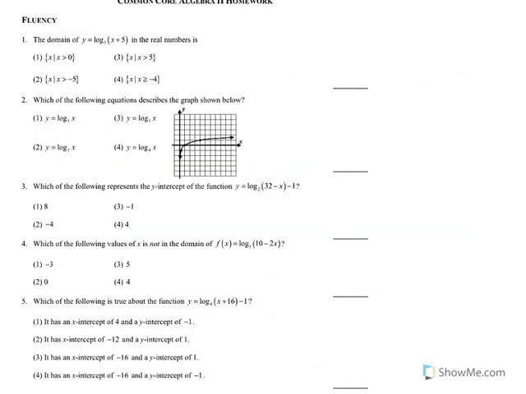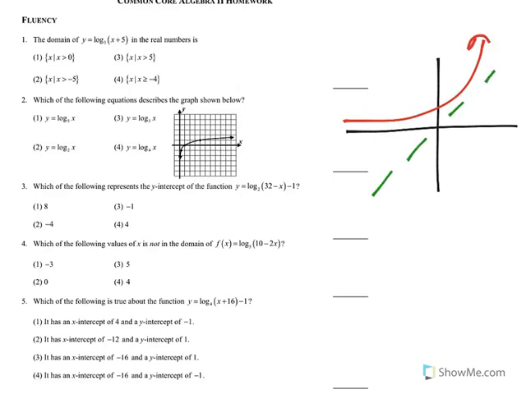The other thing we did with logs is we looked at the graphs of them. All right, if this is the graph of an exponential in red, and I throw the line y equals x down here in green, here's what a log is going to look like. Pretty much symmetric across that line y equals x. So if we know about the domain, and I know some people who were in topics last week got to do this, we can't take the log of negative numbers.